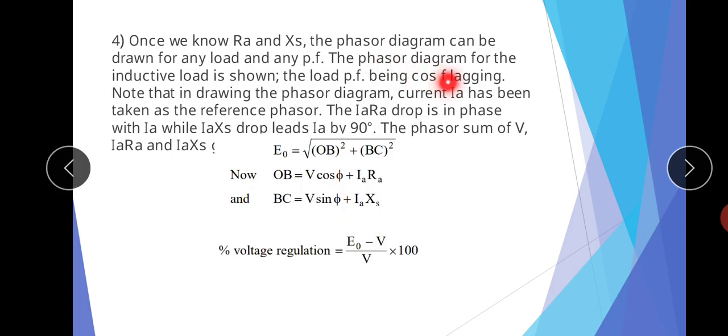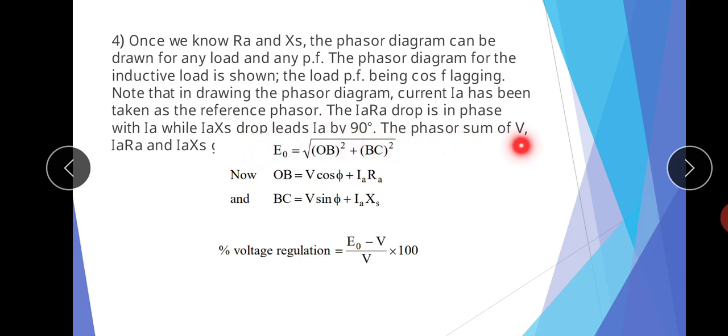So the phasor diagram for the inductive load is shown, the load power factor being cos phi lagging. Note that in drawing the phasor diagram, current IA has been taken as the reference, as discussed. The IA RA drop is in phase with IA, whereas the IA XS drop leads IA by 90 degrees.